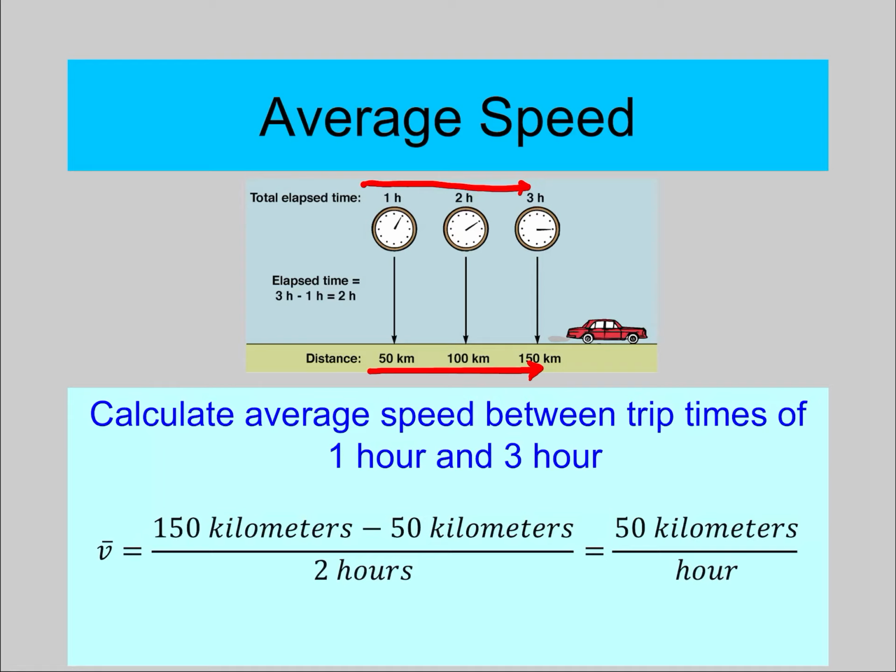Well, you ended at 150 kilometers. You started at 50 kilometers when you started the clock. So we're going to subtract 150 and 50 to tell us the amount of distance traveled. And you're going to divide that by the elapsed time, which is 3 minus 1, to give us 2 hours. So we get 100 and we divide that by 2, which gives us an average speed of 50 kilometers per hour.